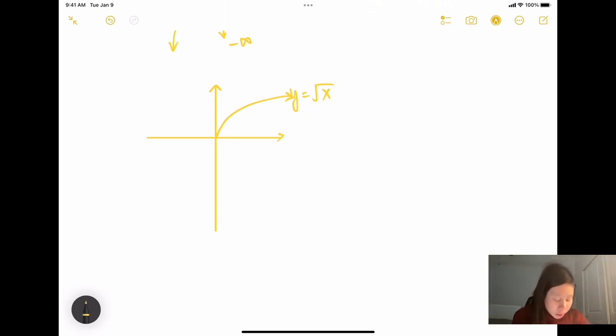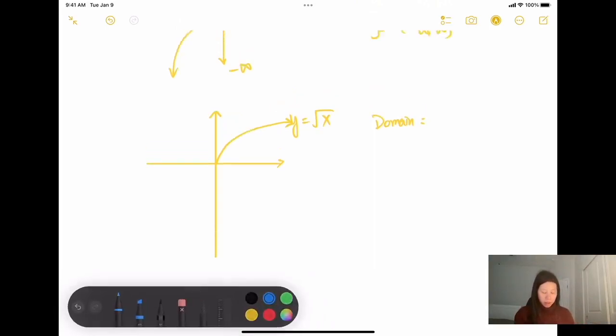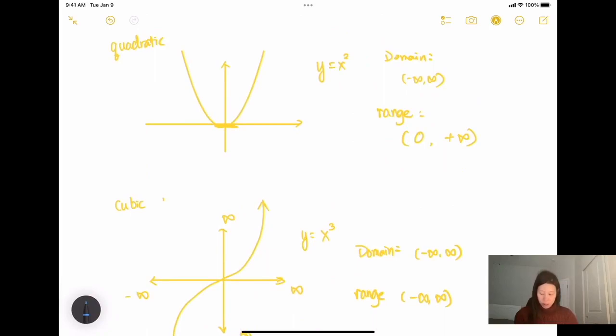So what's the domain? Oh, I made a mistake earlier. For this one, the domain should include 0. It should be a bracket, not a parenthesis, because x equals 0, so y equals the square root of 0, which is 0.